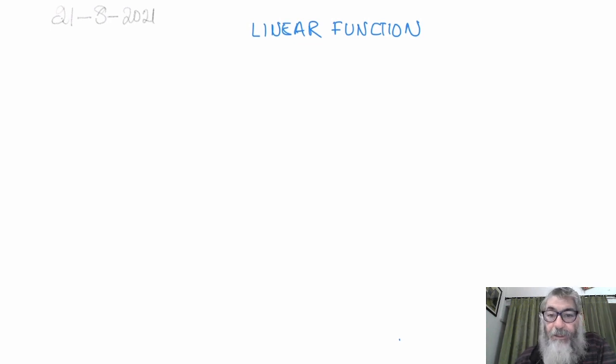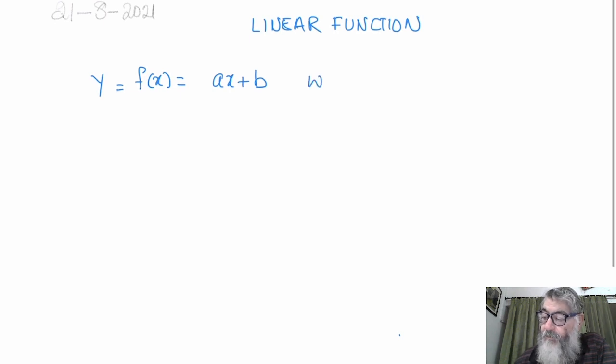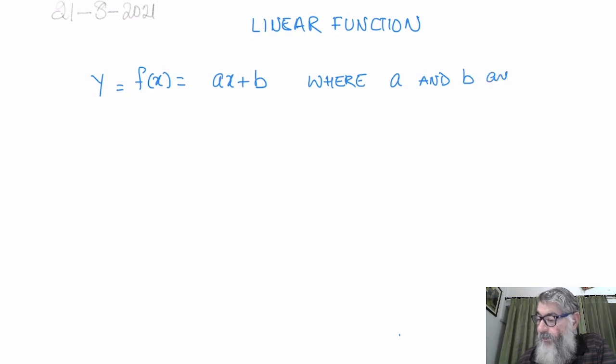A function of the kind f(x), which is also denoted as y, and f(x) and y are one and the same thing. y = f(x) = ax + b, where a and b are constants.